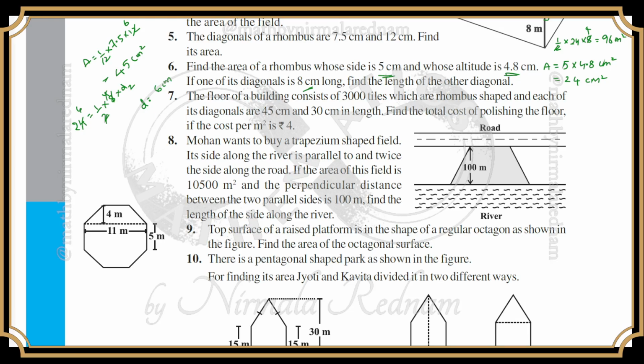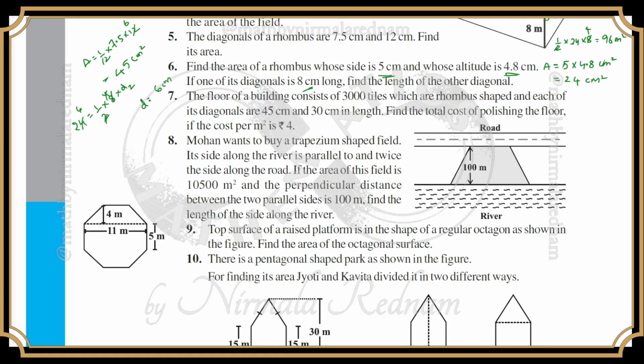Next I have, Mohan wants to buy a trapezium shaped field. Its side along the river is twice the one along the road, and the area is given, perpendicular distance is given. Can you find the length of the side along the river?